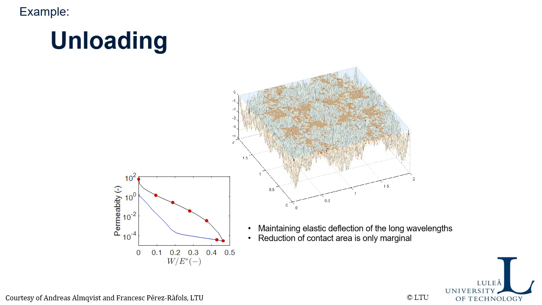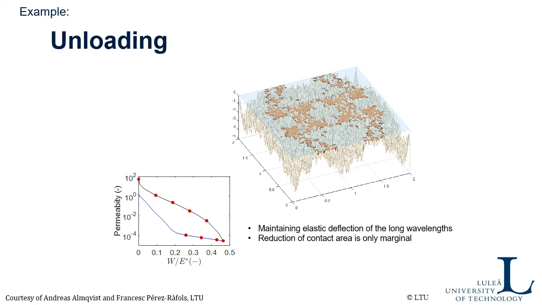So there is still a very low permeability of this surface. It's very difficult for the fluid to pass through around the contact patches and in the valleys. For that reason, the permeability doesn't increase as much as it decreased on its way down during the loading process.